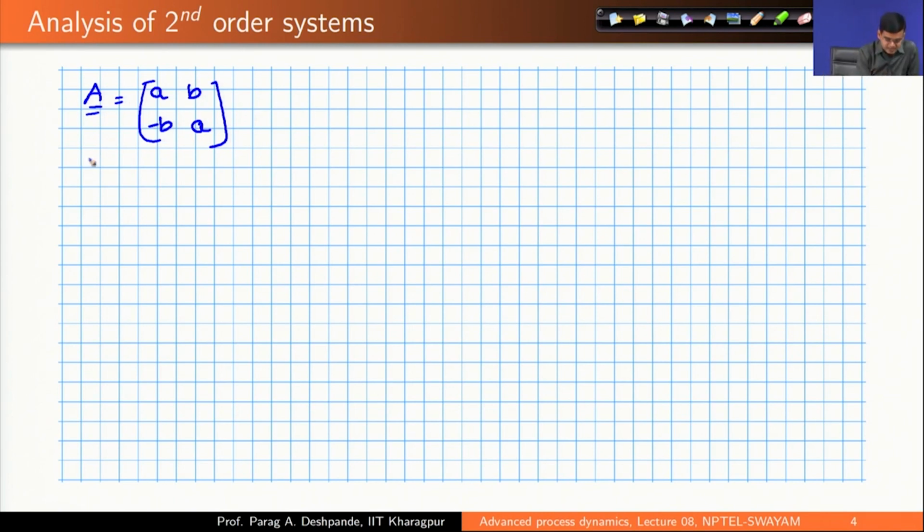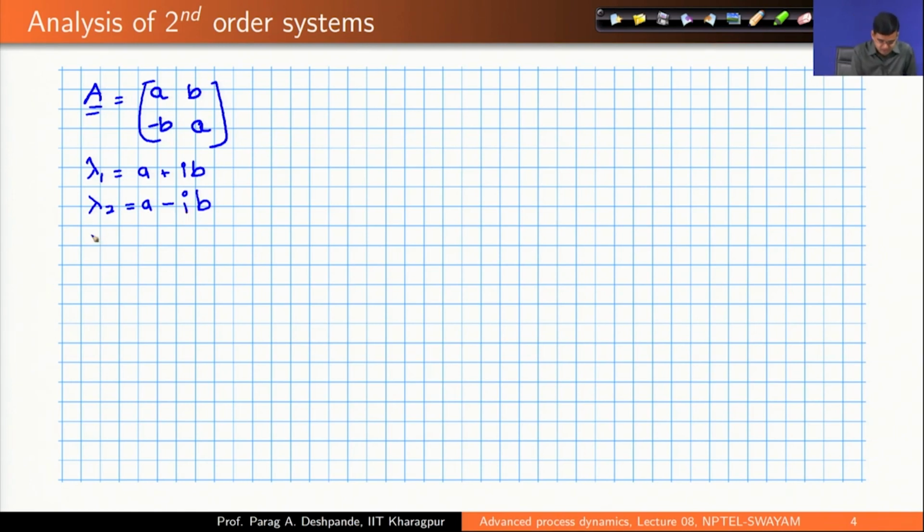In this case, the eigenvalues become a plus or minus i b, so lambda 1 becomes a plus i b, and lambda 2 becomes a minus i b, right. In the previous case you had eigenvalues which were purely imaginary. Now, you have complex numbers, okay.